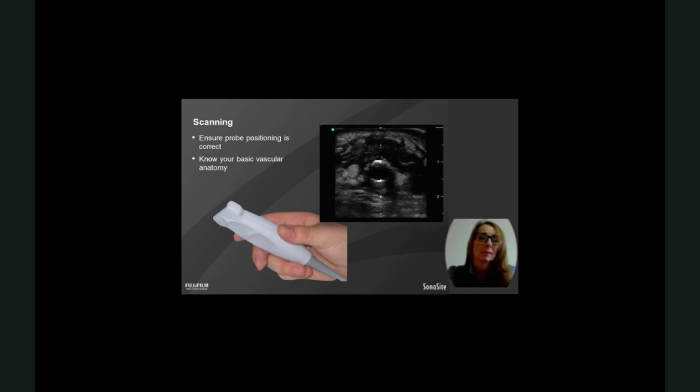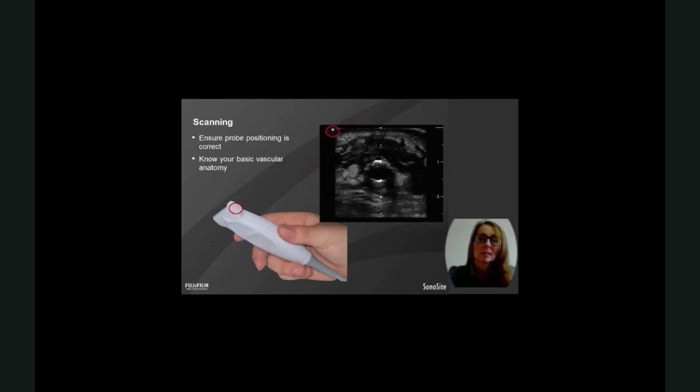With the scanning, make sure your probe positioning is correct. If you always set yourself up the right way, it means that what you're looking at doesn't get confusing for you. There are some little markers, and you can see here there's a marker on the left of the image, and there's a marker on the probe, and they match up. So if I have the marker on the left-hand side, that is what I would see.